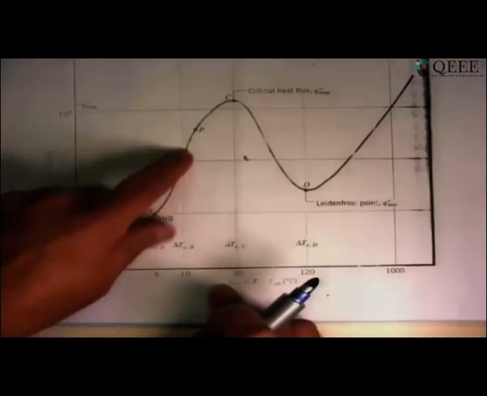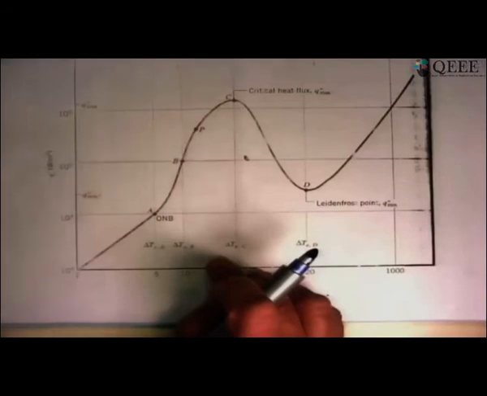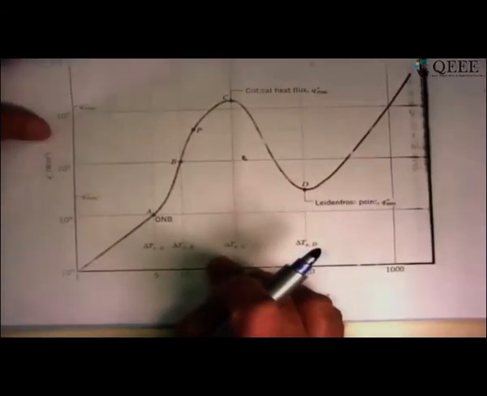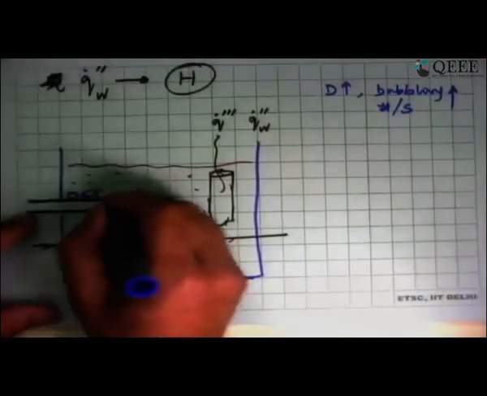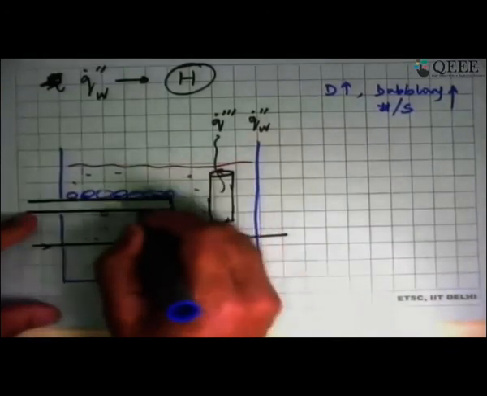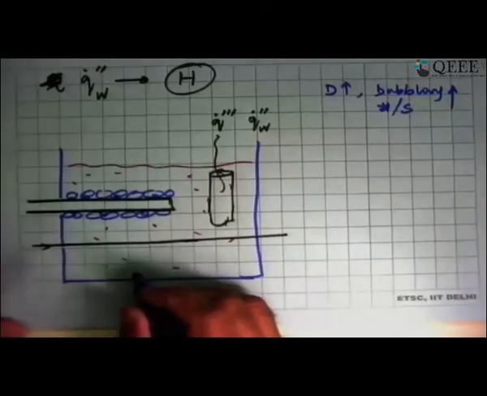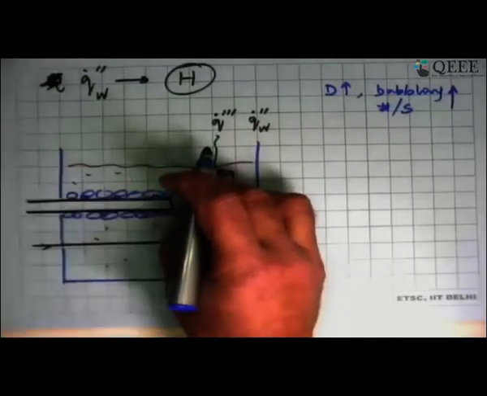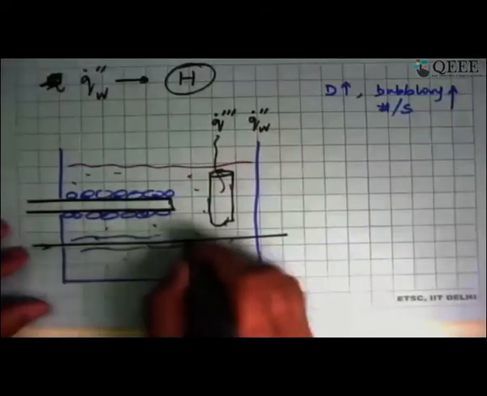So more and more bubbles begin to form, the bubbling becomes more vigorous, and finally we reach the point here, which we call critical heat flux, where the bubbles are so many that they begin to join and start blanketing the surface, and the temperature difference is so large that as soon as the bubbles break, liquid comes and again forms a bubble on it. A sort of continuous vapor film is formed over all these surfaces.